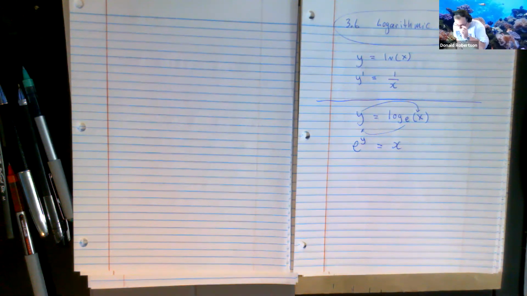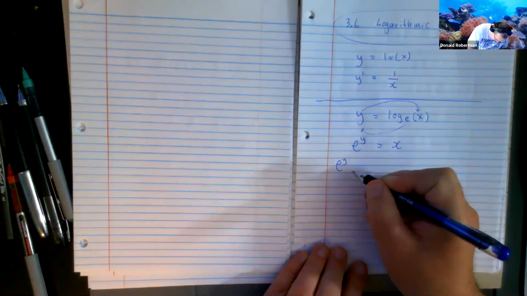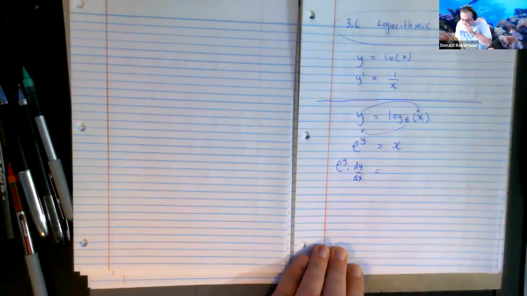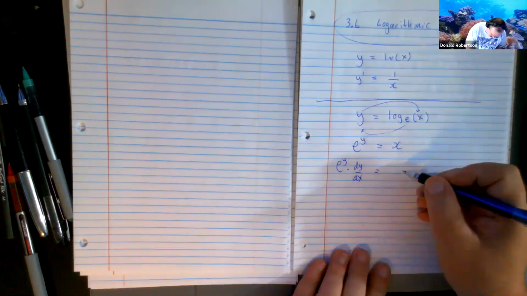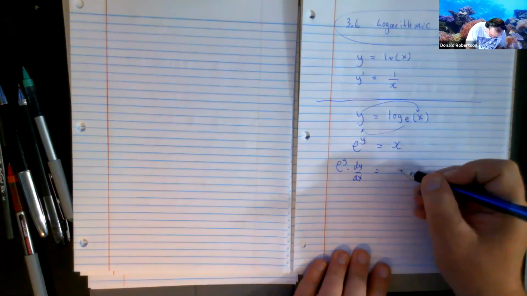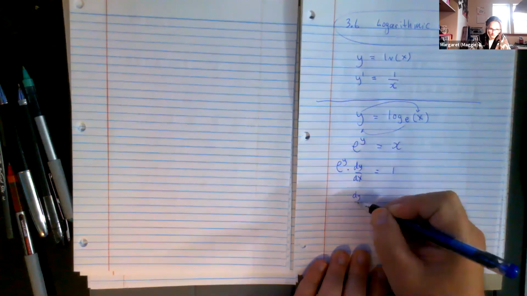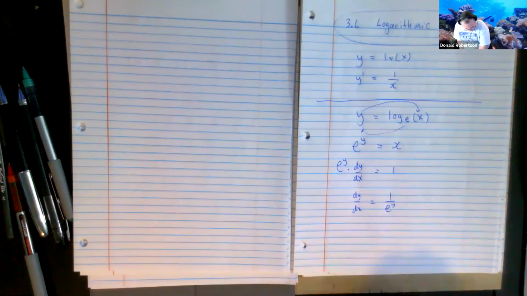So what I'm going to now do is differentiate it. Well, I know how you differentiate e to the y. Isn't it e to the y times dy by dx? And what's the derivative of x? It's a silly question, but I'm asking it anyway. What's the derivative of x? 1. And now you divide both sides and you say, oh, but the answer you've got is 1 over e to the y, which is correct.